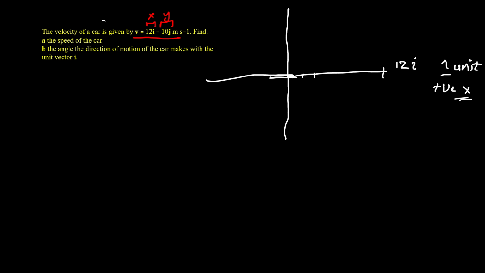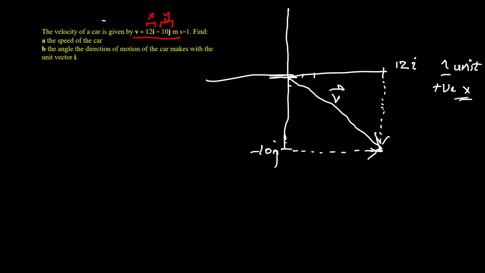This j represents the y coordinate, the vertical component of this vector. So minus 1, 2, 3, 4, 5, 6, somewhere here this minus 10j will lie. So combined, if we sum these two vectors to get the resultant vector, this is the vector v, the velocity vector.